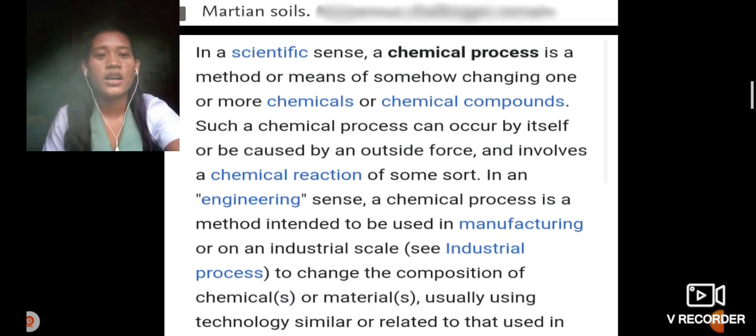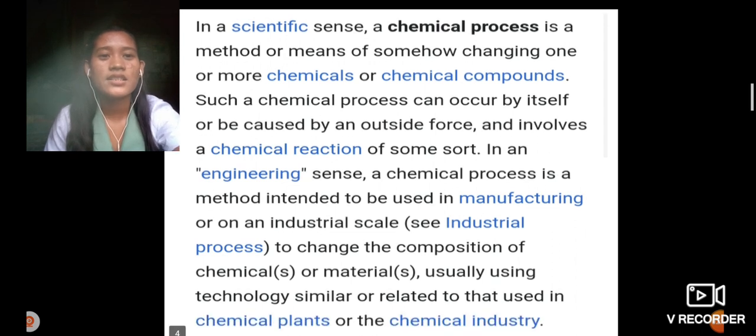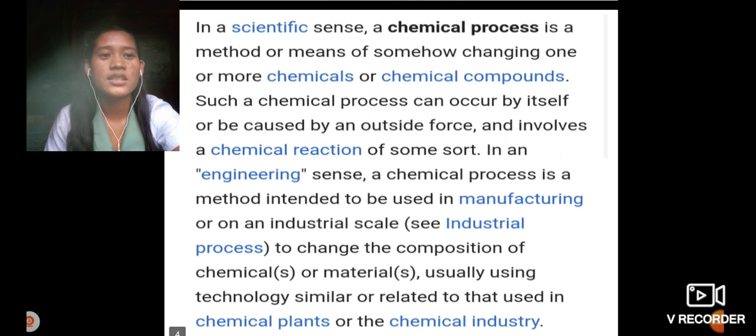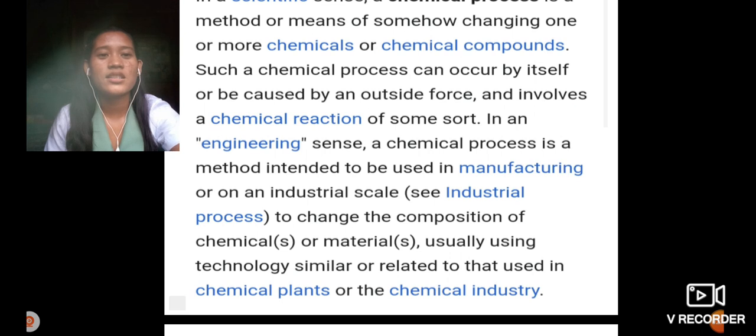And then there are two senses: the scientific sense and the engineering sense. In the scientific sense, a chemical process is a method or means of somehow changing one or more chemicals or chemical compounds.